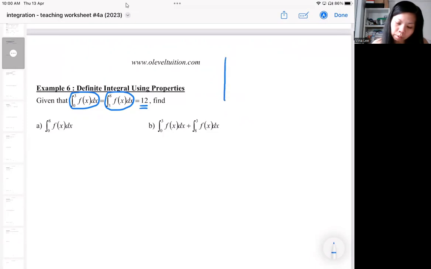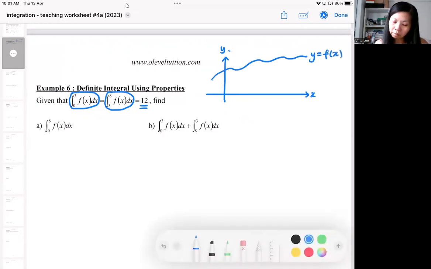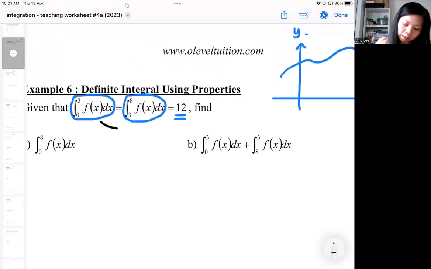So I'm going to show you an idea. For this information, there is an f(x). Draw anything you like for your f(x). It doesn't matter. Then what do we mean by 12? This has a value of 12.